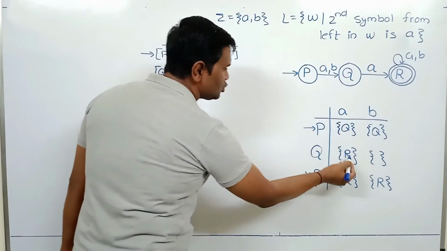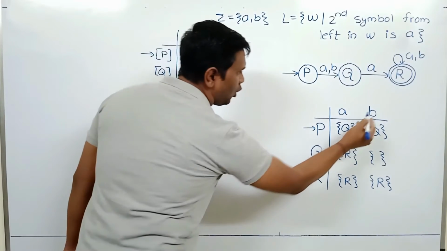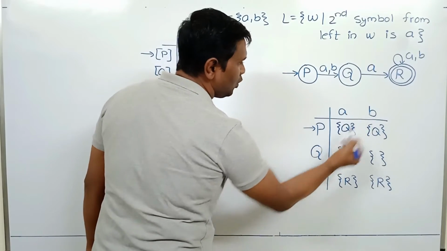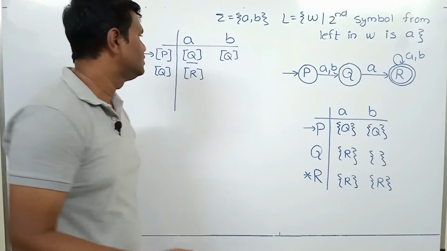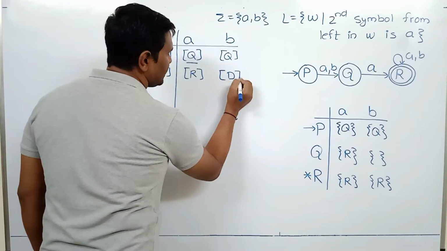Q on A goes to R. Q on B goes to, there is no transition for Q on B, so we have to consider dead state, dead configuration. So here we consider a state, dead state or trap state.